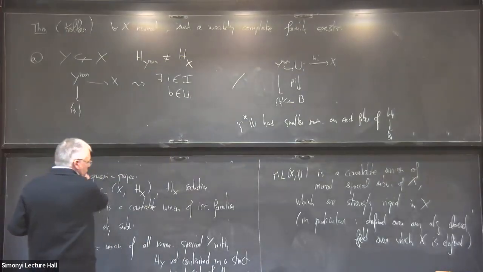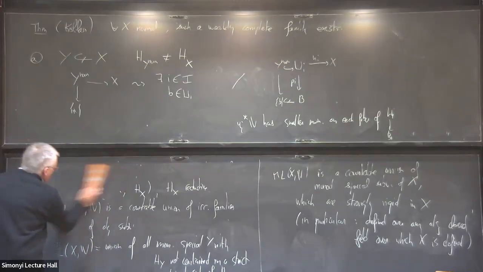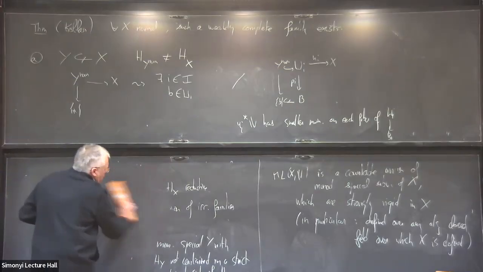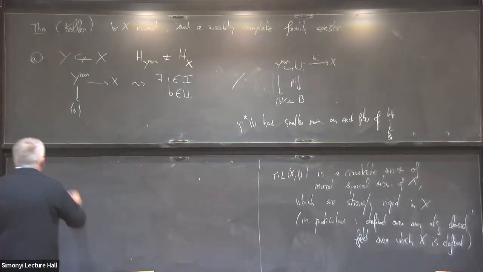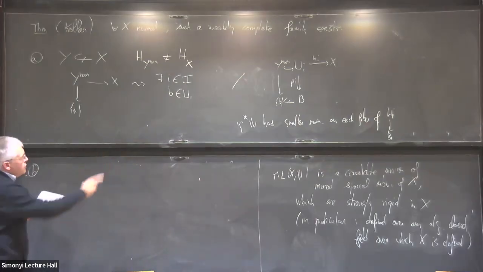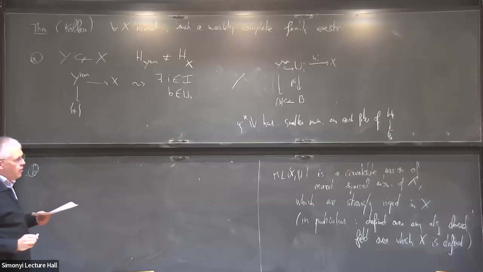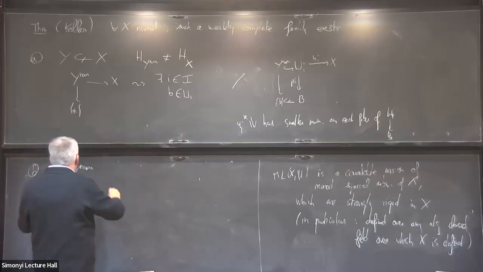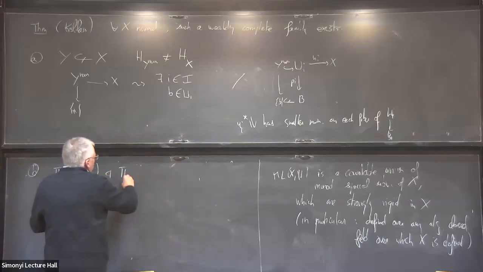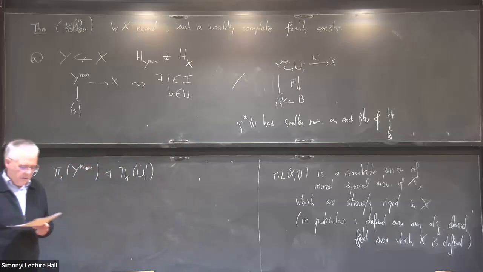B is more interesting. So now you want to parameterize the true monodromy locus. And here you understand again what happens. So for B, now you notice a bit more. Not only do you use the fact that all the fibers have the same fundamental group, but you use the fact that the pi1 of the normalization in this diagram is normal in pi1 of U_I, because this is a fibration topologically.